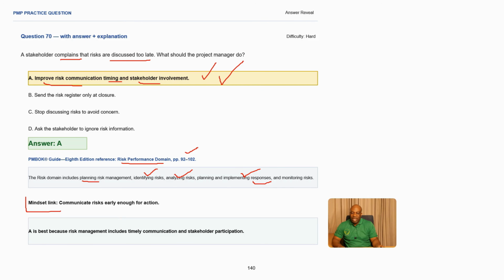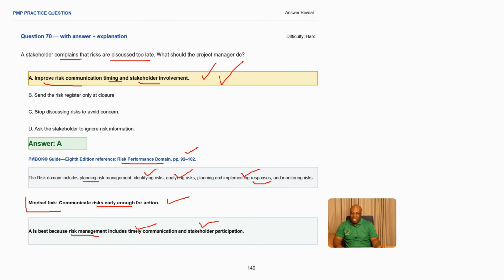You need to communicate risks early enough for action. The earlier you understand the risk, the better for you, because you can also put in place the risk responses that you have to apply at that particular moment, in case it's going to materialize into an issue. Right, making A the best answer, because risk management includes timely communication and also stakeholder participation.